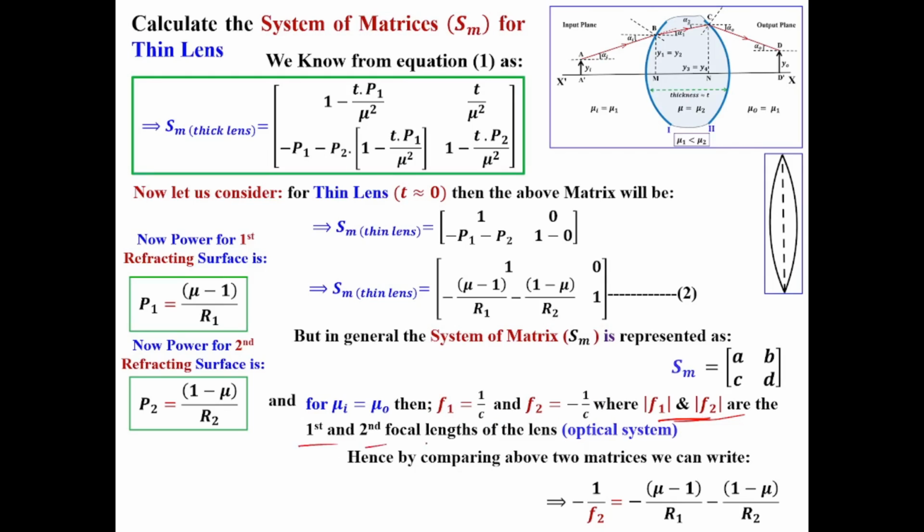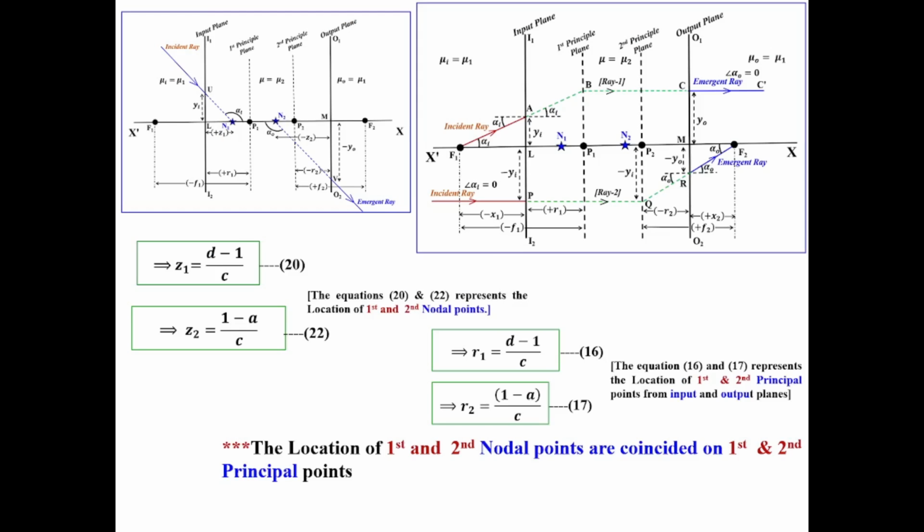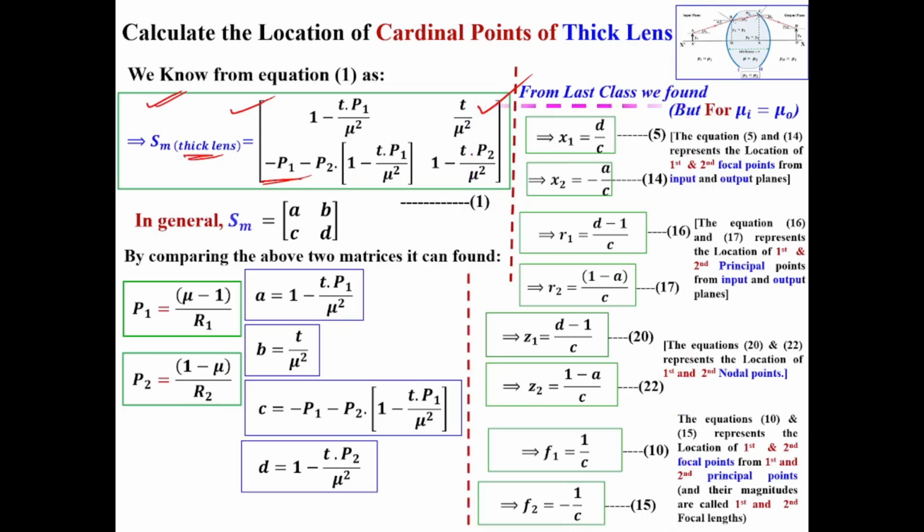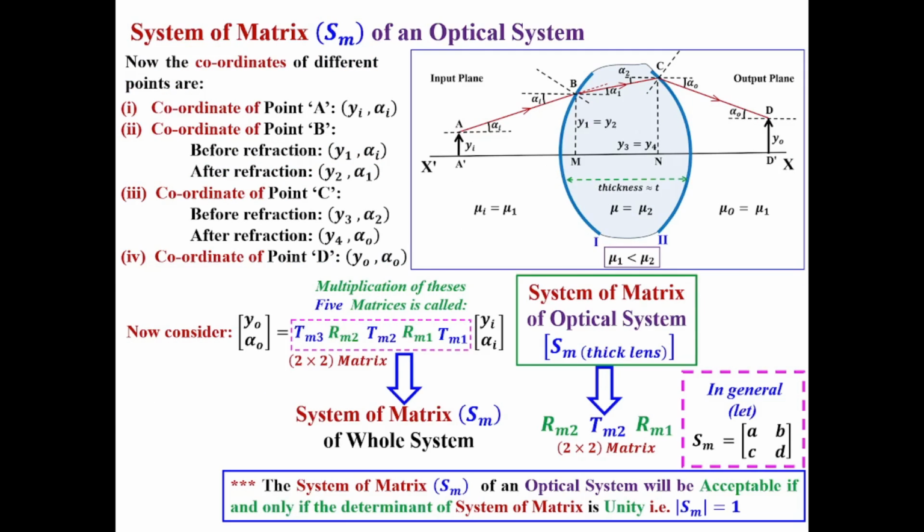That means the first and second focal lengths of the lens or the optical system will be the same, if mu_i equals mu_o. Here f1 represents the location of the first focal point from the principal plane, and this is the second focal point from the principal point. Already we discussed this in our previous class.